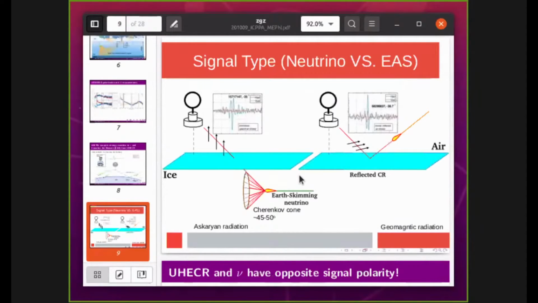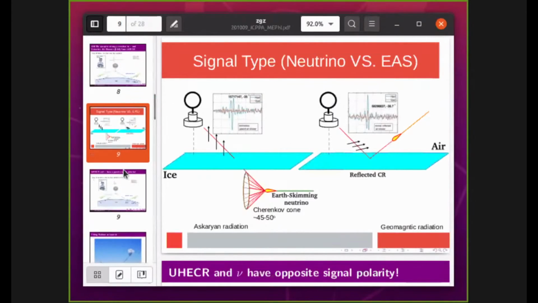Okay, so here again is a summary of the different signal types for Earth skimming neutrinos. For instance, you have an expected polarity that looks as shown in the figure on the left. And for a reflected cosmic ray signal, you have this inverted polarity, and the difference between these two is clearly obvious.